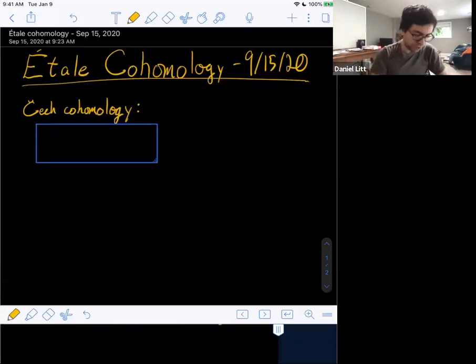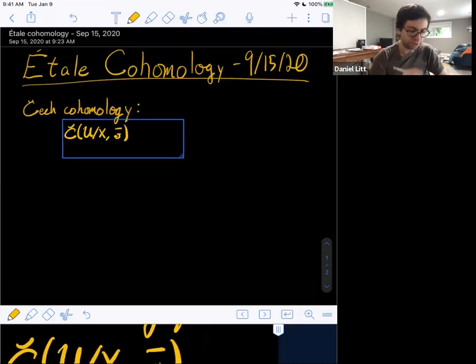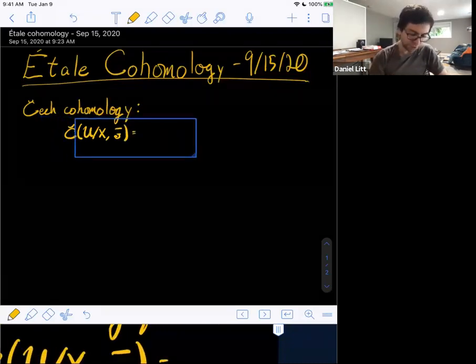So let me just remind you of the important things we've learned about Čech cohomology. Like the definition and just a couple basic facts. First of all, if we had a cover U of X and a sheaf F on the étale site of X, we defined a Čech complex relative to U. And let me remind you what that was.